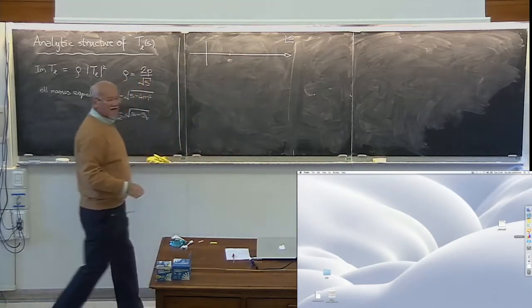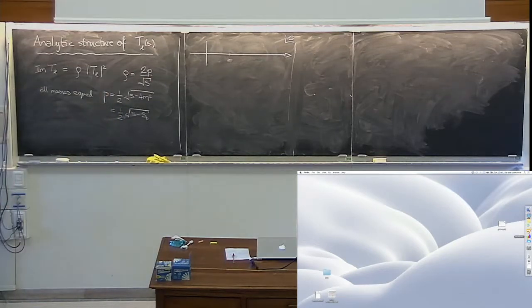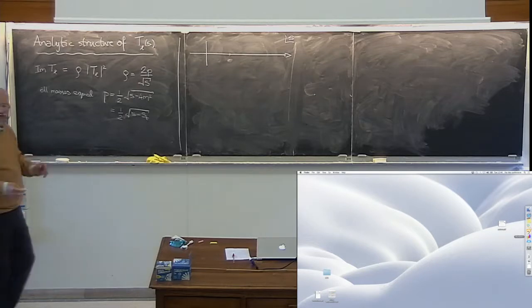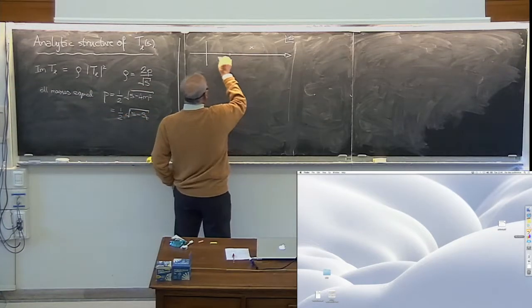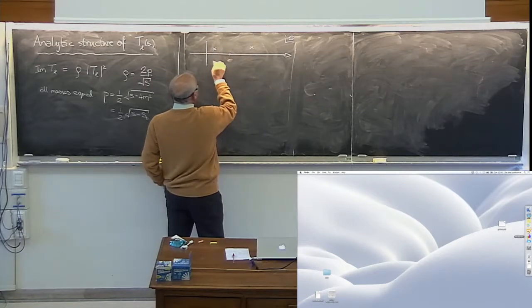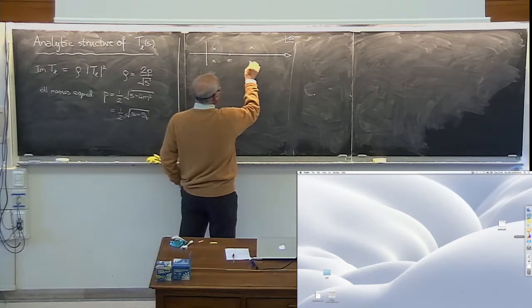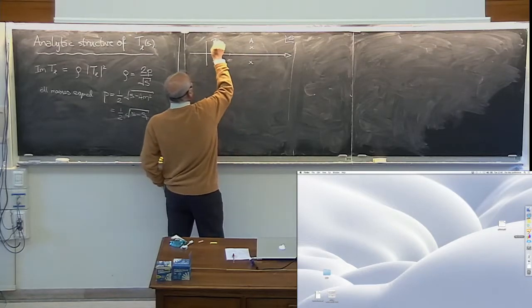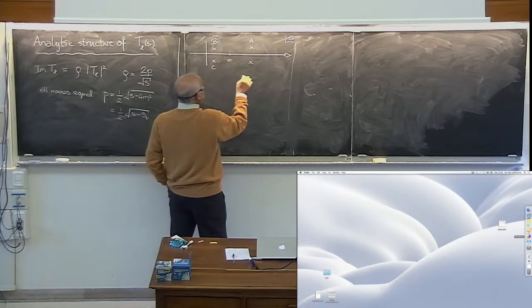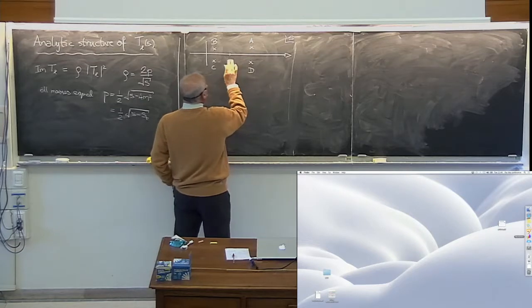I'll label it a little bit later. And then we're going to evaluate a function at 4 different places: here, here, here, and here. We'll call the function at that point A, this one B, this one C, and this D, and that's the point s equals s_t.